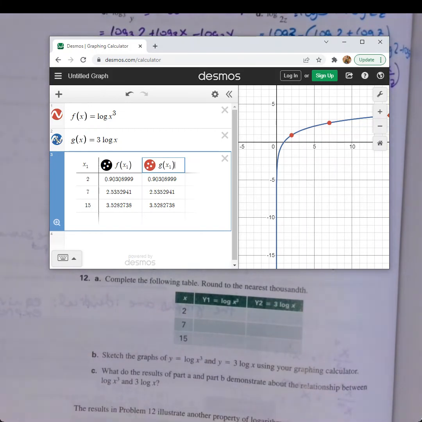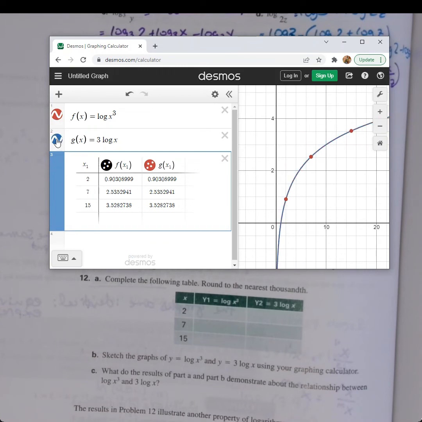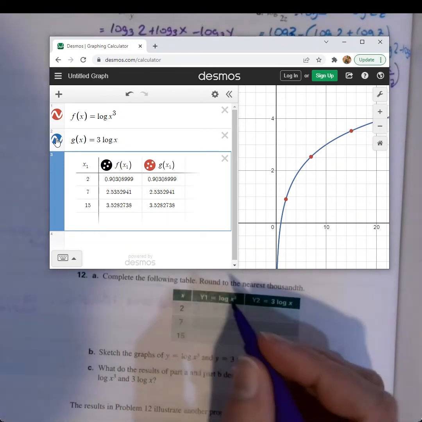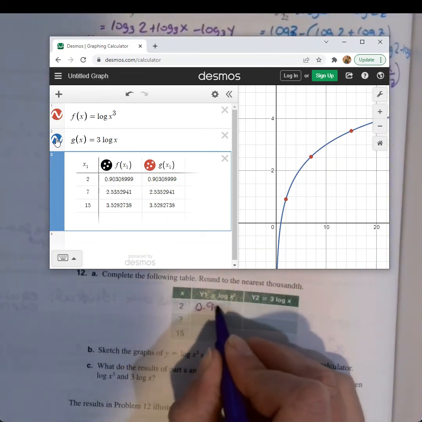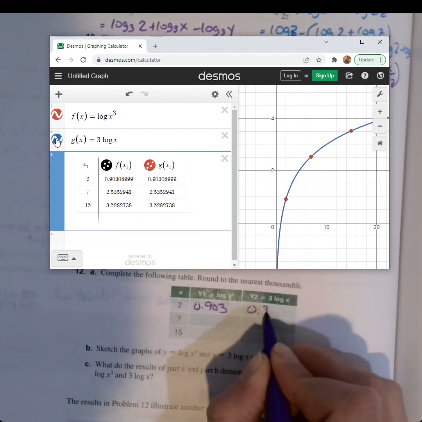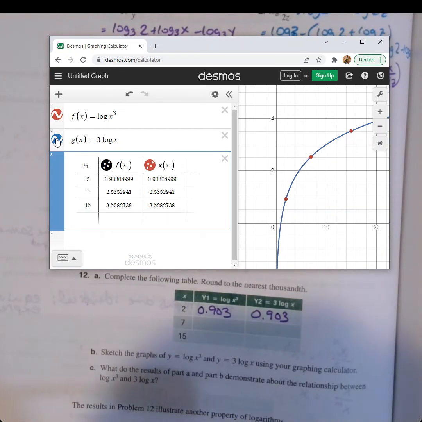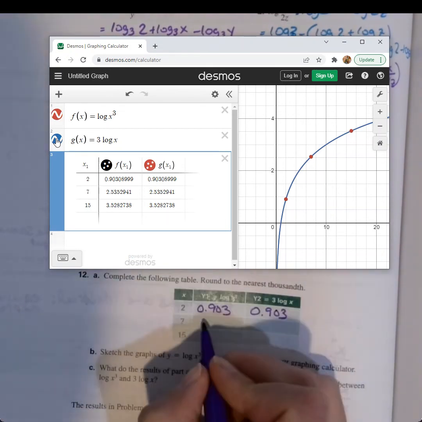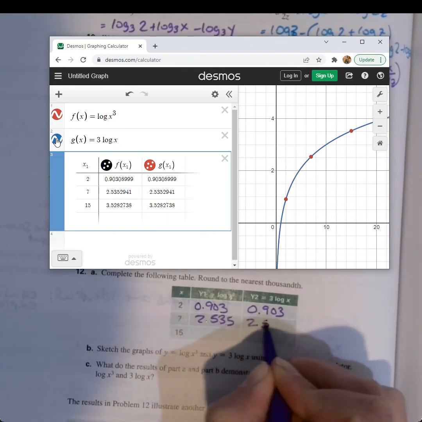Okay, so as you probably saw when those graphs popped up, they were popping up right on top of each other. Those functions are equivalent. So the first one, when I plug in 2, I get 0.903. Second one, same thing, 0.903. When I plug in 7, 2.535, and 2.535.